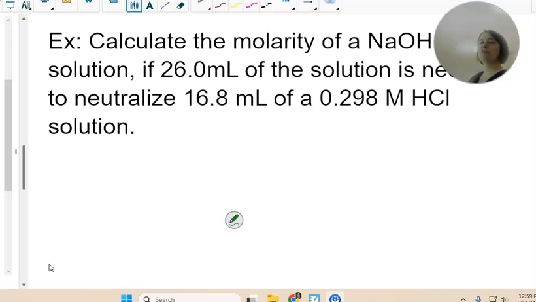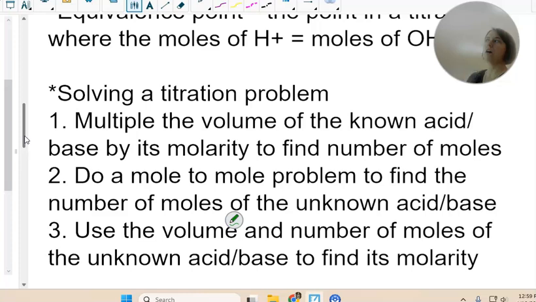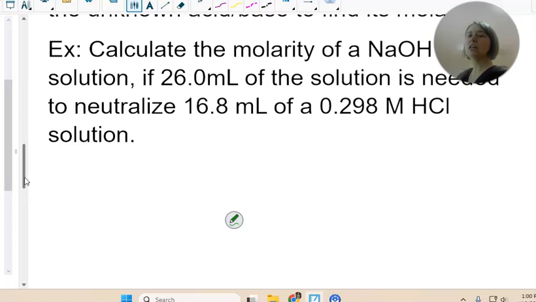So I know my first step is to multiply the volume of the known acid or base by its molarity to find the number of moles. So I'm going to be using the equation molarity equals moles over liters. My numbers aren't given in liters, so I'm just going to go ahead and convert those first.